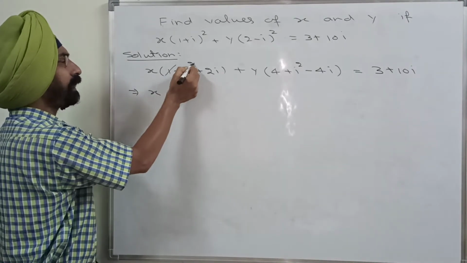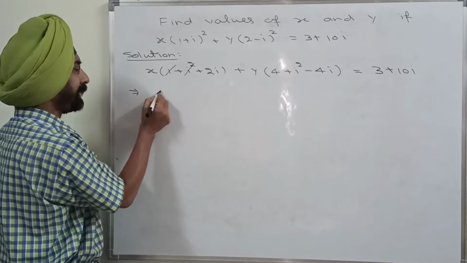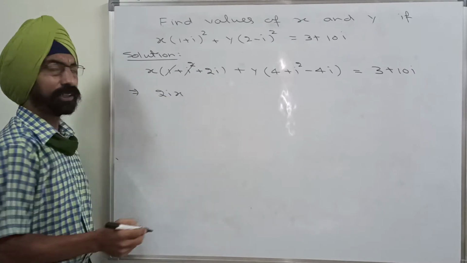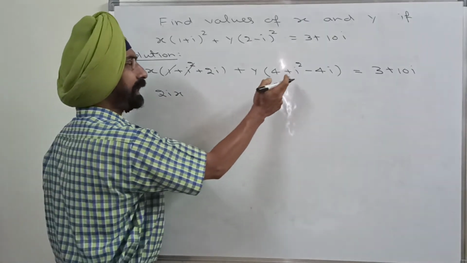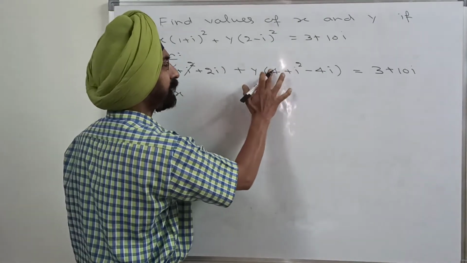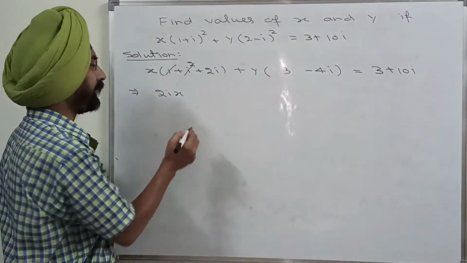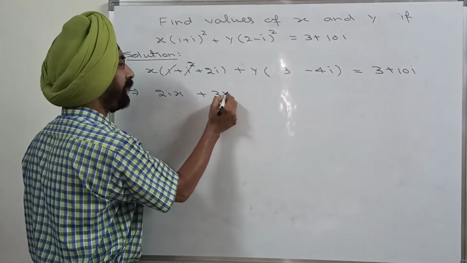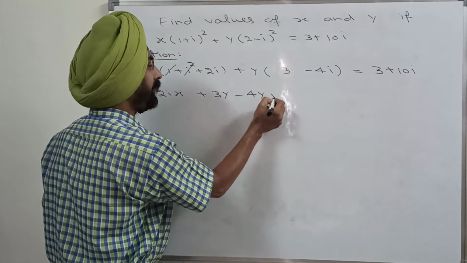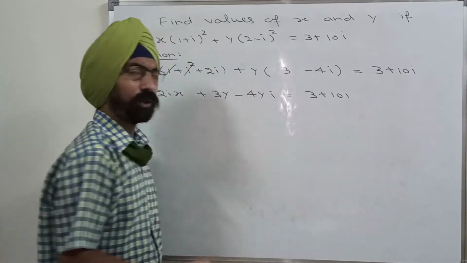So this plus 1 and minus 1 will be cancelled out. You will be left with 2 iota x. Secondly, this iota square is once again minus 1. 4 minus 1 will become equal to 3. And open the bracket now, plus 3y minus 4y iota is equal to 3 plus 10 iota.